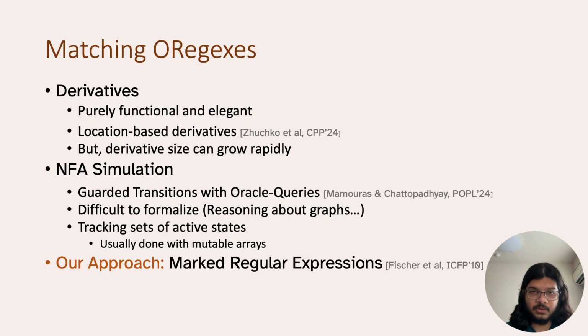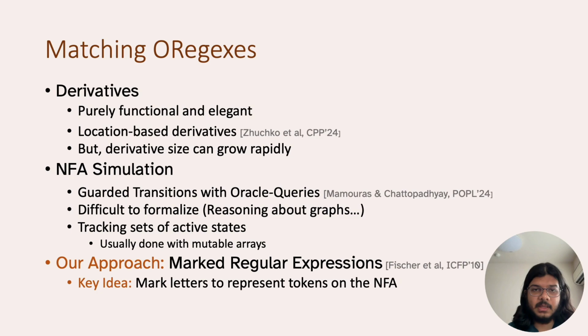Our approach is based on the notion of marked regular expressions. This idea can be seen in functional programming folklore, and a nice exposition can be seen in Fisher et al.'s ICFP 2010 paper. We have extended this idea to deal with oracle regular expressions. The key idea here is to mark letters in regexes to represent active states of the NFA.